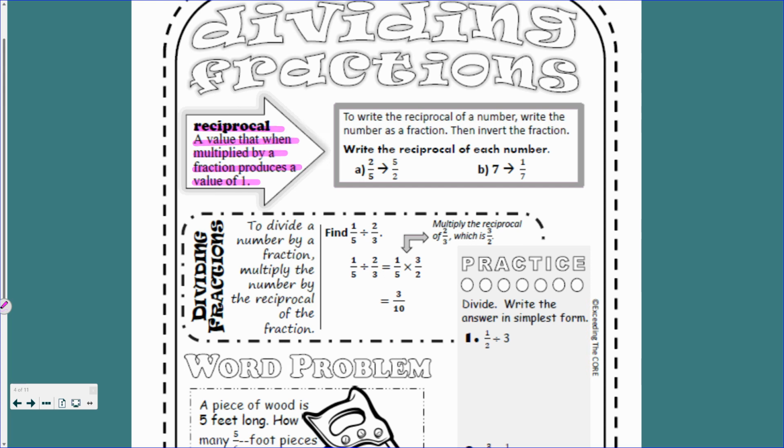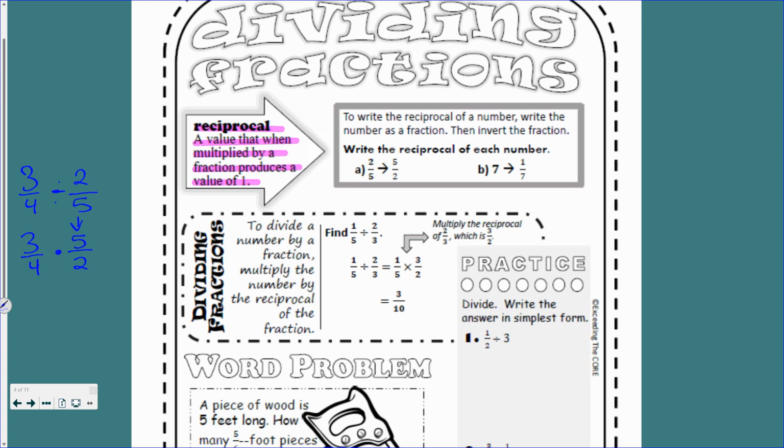So reciprocal, if I had 3/4 divided by 2/5, I would keep, change, and then flip my second one. That's the reciprocal. Make sense? You're just flipping the second fraction upside down.